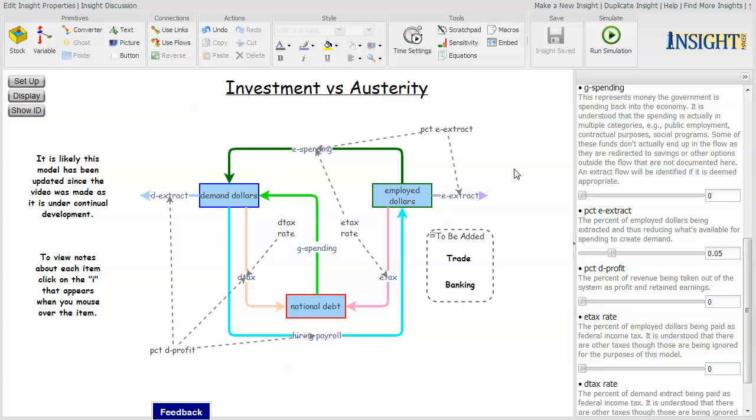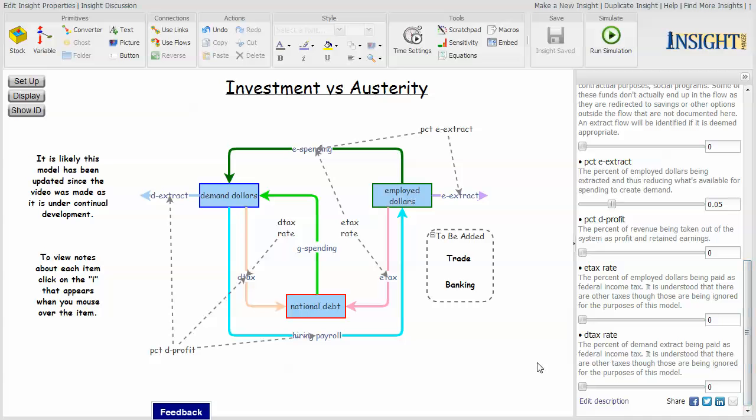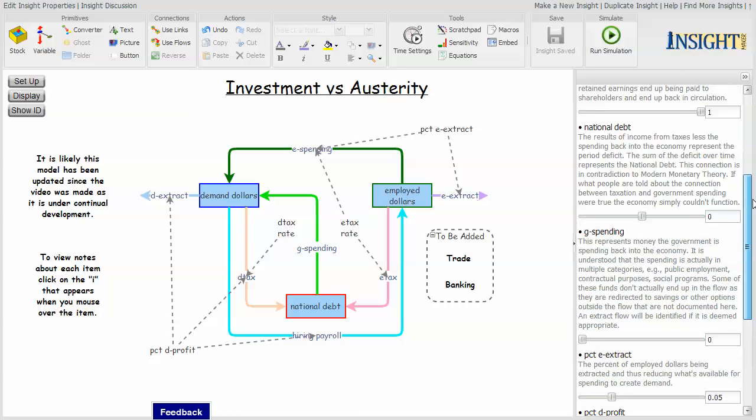So because the economy is declining, there's a couple of ways to compensate for that. The people can in fact stop extracting money from the economy, though if they don't choose to do that, the only way that the funds can get back into the economy is for the government to spend money back into the economy.